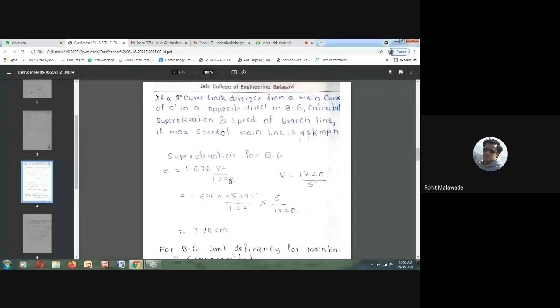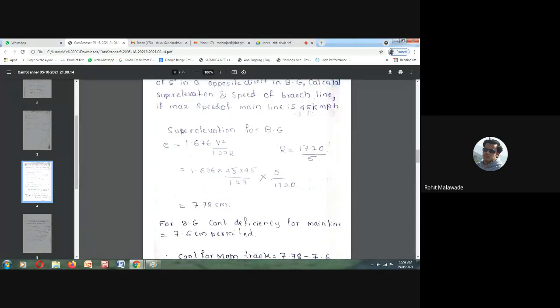Now, see, I have been given the speed of the main line and the degree of the main line. What should be my work? My work is to find out first the super elevation of the main line, because, as I have told, the super elevation for the main line will be greater than the super elevation of the branch line.